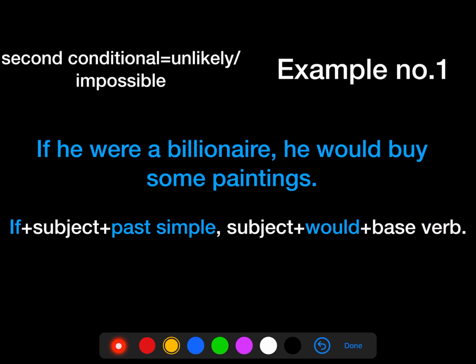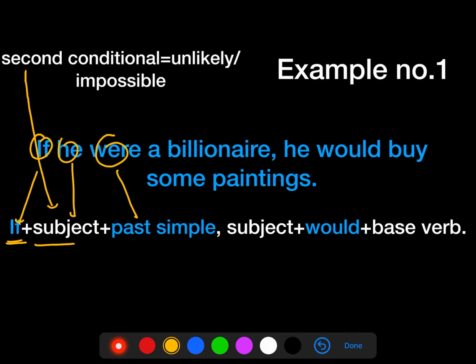Then how do we structure the sentence? Second conditional is also easy. So if plus subject plus were or past simple, then subject plus would buy some paintings. Simple. One more time.